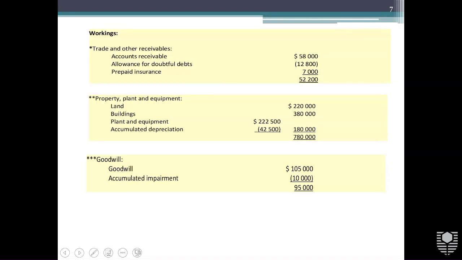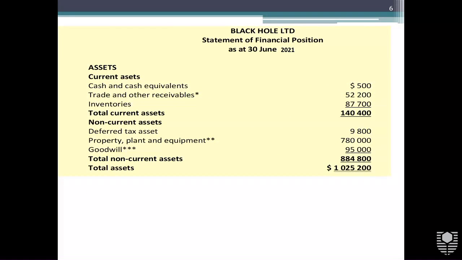If we have a look at our plant and equipment, $222,500. Our accumulated depreciation, plant and equipment, $42,500. So tick them off, and add them all up together. Property, plant and equipment adds up to $780,000 that we've got there. Goodwill, we've got in there at $95,000. If we have a look at goodwill, goodwill is an intangible asset.